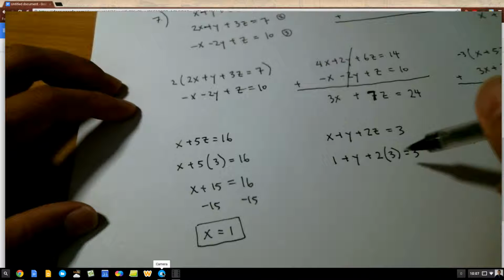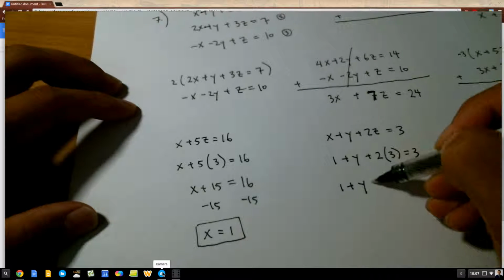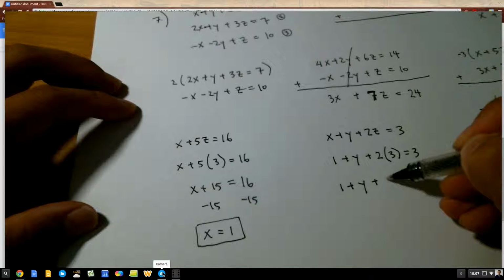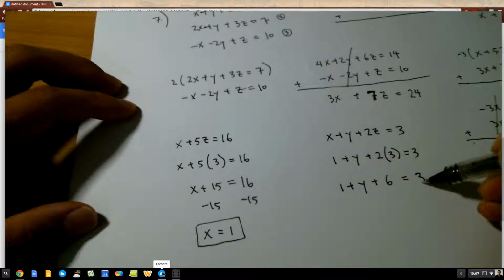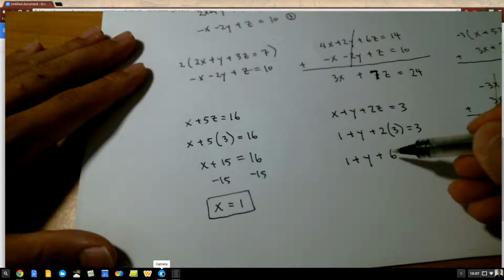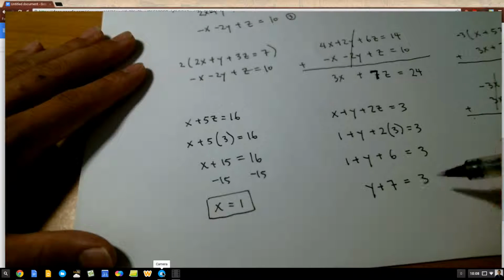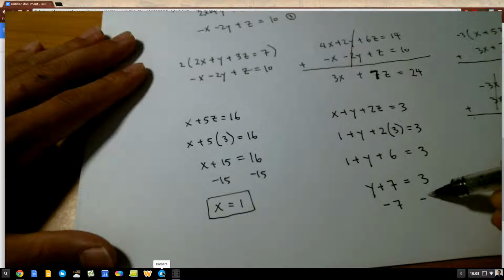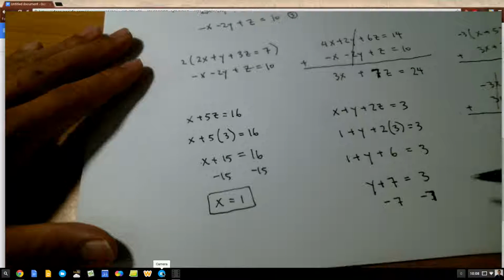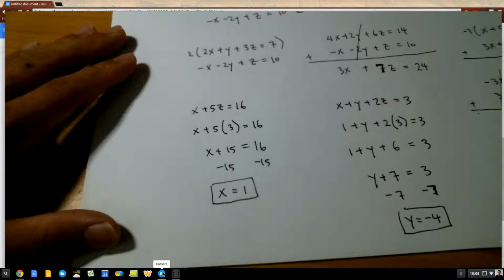And now we just simply simplify. 2 times 3 is 6, equal to 3. And then what's y? 1 plus 6 is 7. y plus 7 is equal to 3. Minus 7, minus 7. y is equal to negative 4.